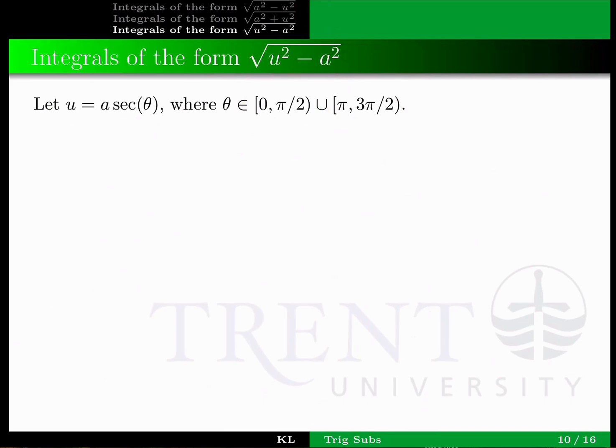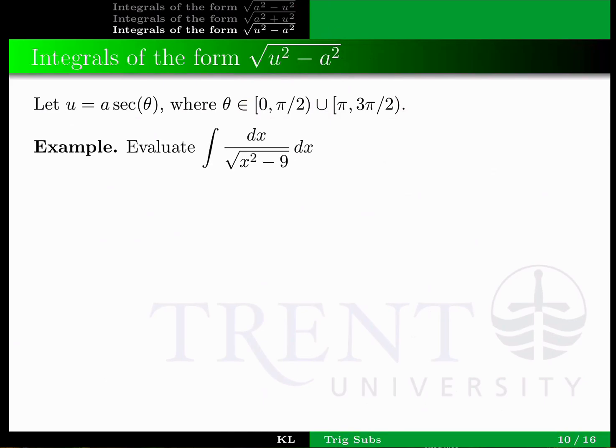We can just take the square root of u squared or whatever, and just remove the absolute value. So a lot of times these restrictions in the intervals, the restrictions of your theta, are taken for granted, but they are there to simplify our computation.